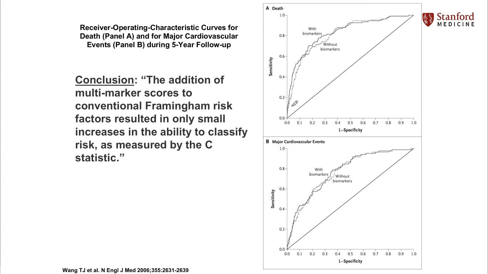If you look at the ROC curve without and with biomarkers for death, the area under the curve went from 0.80 to 0.82, not a huge improvement. Similarly, for major cardiovascular events, it looks hardly different at all, going from 0.76 to 0.77, just a small improvement.